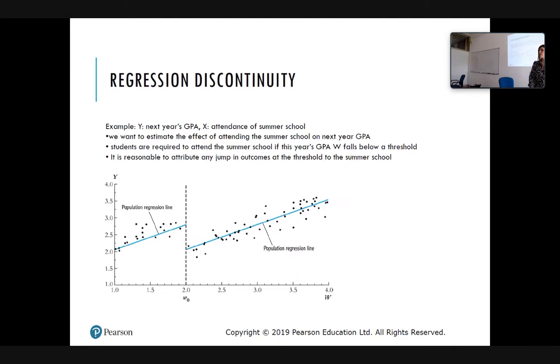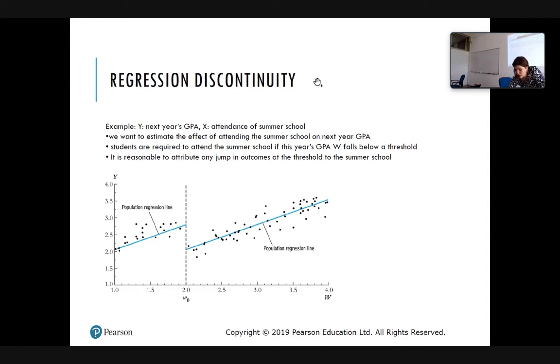So this treatment is assigned to those who meet a condition on another variable W. I let some students attend the school, and these students are those who perform particularly well at some test, and there is a condition on this W above or below this threshold value.